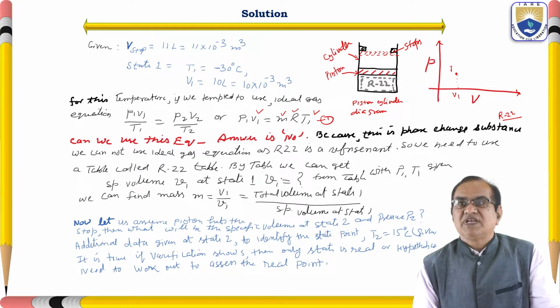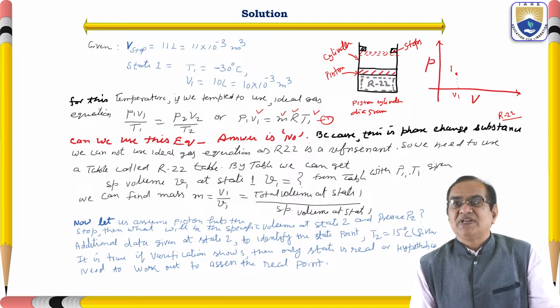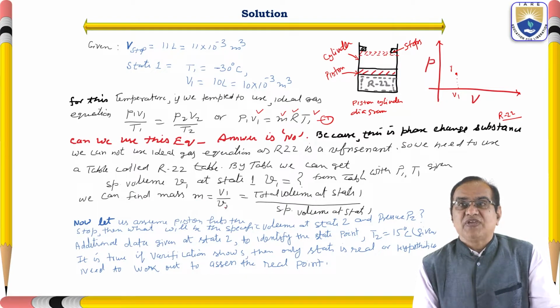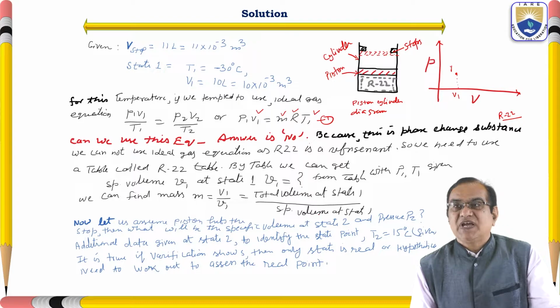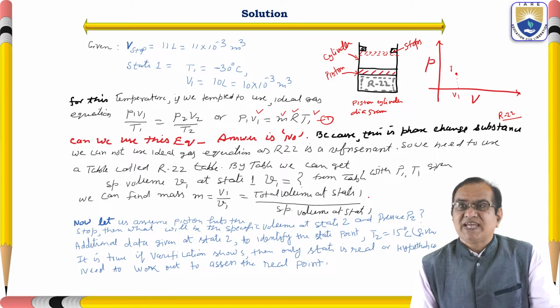From the table with P1 and T1, which are given, we can find the mass m equal to capital V1 by v1. Here capital V1 is the total volume at state 1, which is already given, and v1 is the specific volume at state 1. So by this we can get the mass of the substance in the trapped part.